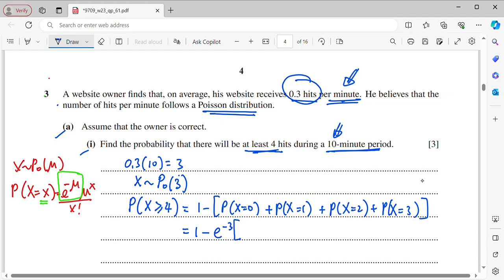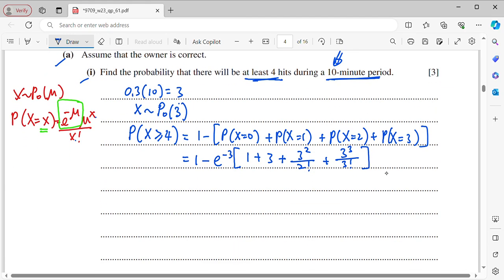So it will be 3 to the power 0 over 0 factorial, that is 1. Then plus 3 to the power 1 over 1 factorial is still 3. Then plus 3 squared over 2 factorial. Then plus 3 cubed over 3 factorial. Then from here, you will be getting 0.353. So that's the probability correct to 3 significant figures.